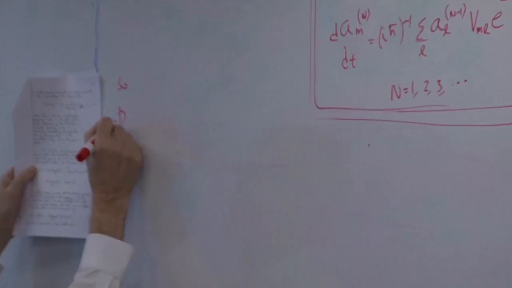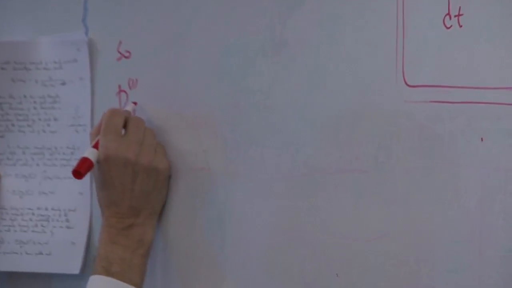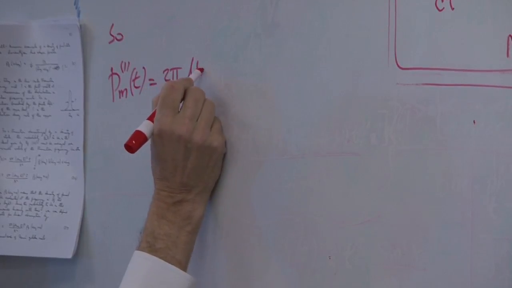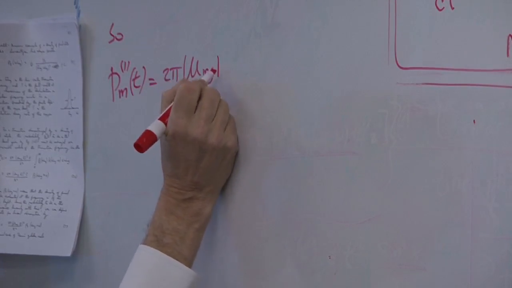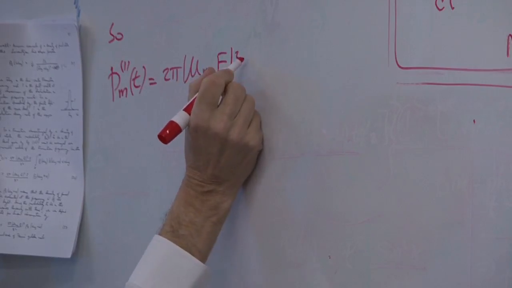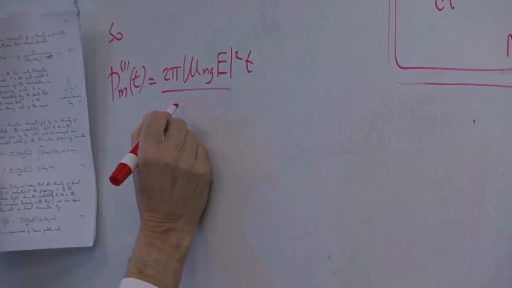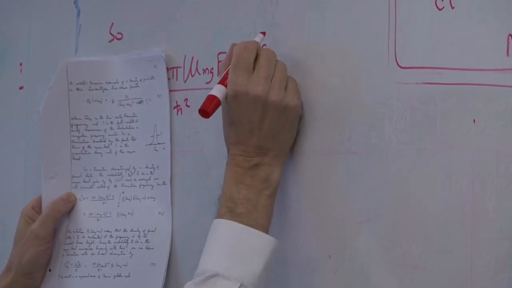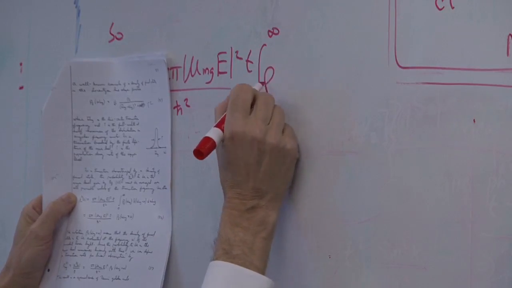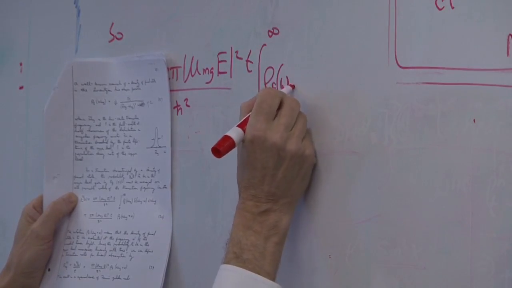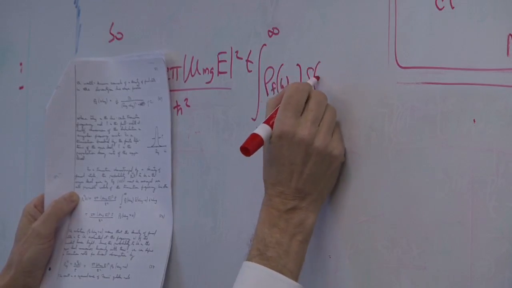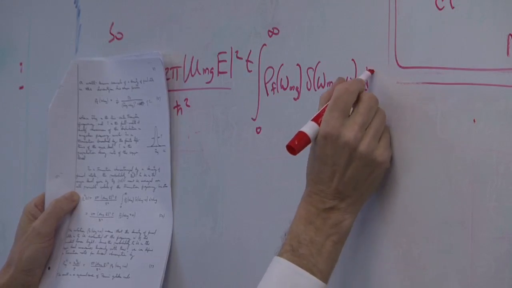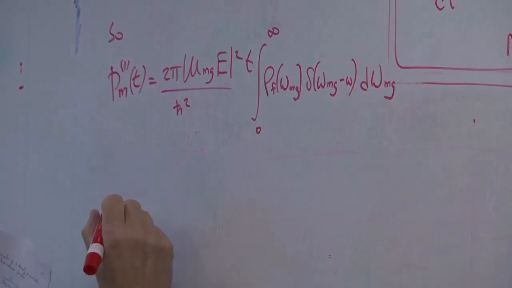So we find that P_m(t) is 2 pi mu mg E squared times T over h bar squared, integral from 0 to infinity, rho f of omega mg, delta of omega mg minus omega, d omega mg.